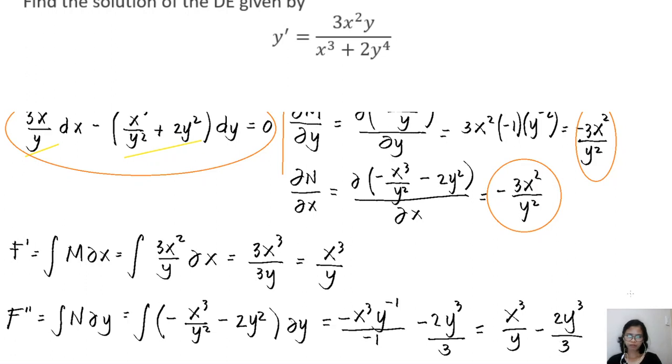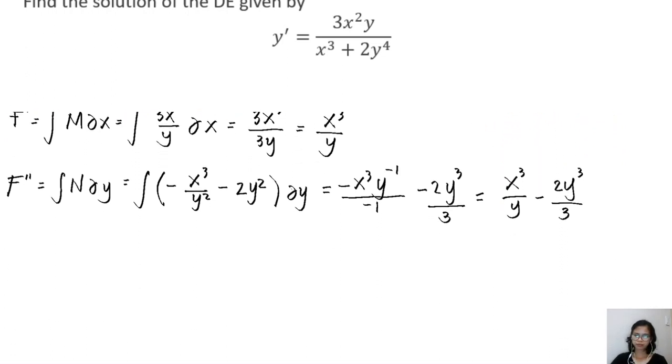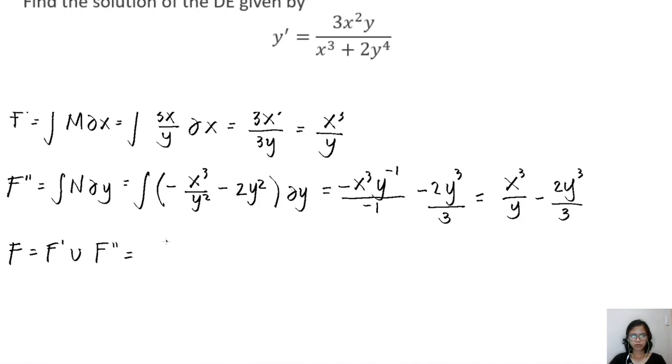Now we have the f prime and the f prime prime. We can now get the final solution. F is the union of f prime and f prime prime, which is equal to x cubed over y minus 2y cubed over 3 is equal to c.